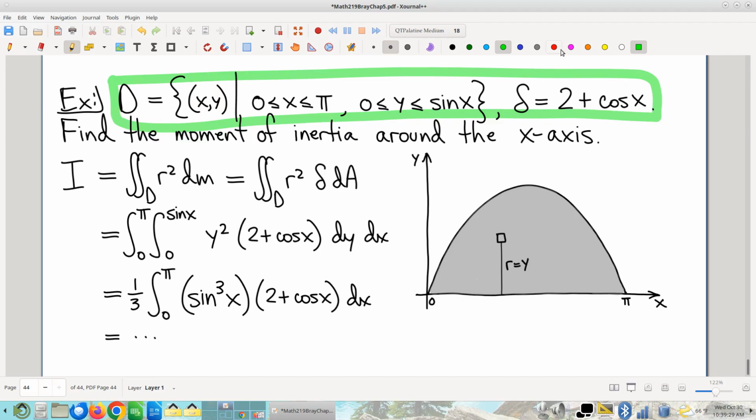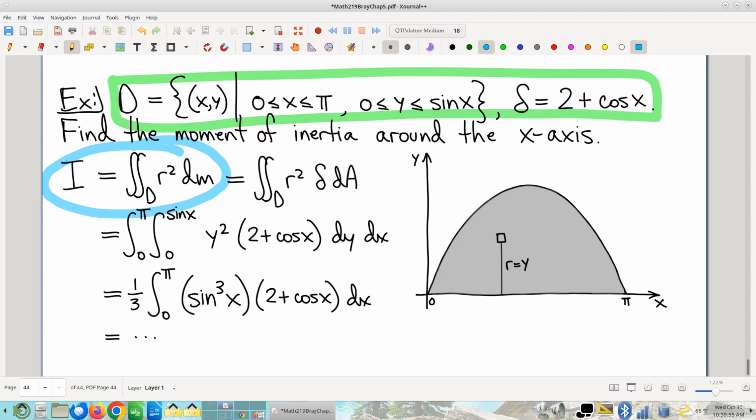So standard first thing to write down, integral r squared dm. It's always integral r squared dm. The integral is appropriate to whatever the domain is. Double integral in this case, triple integral that we wrote down previously, assuming we were talking about a solid region. But whatever is appropriate to the domain, it's always integral r squared dm.